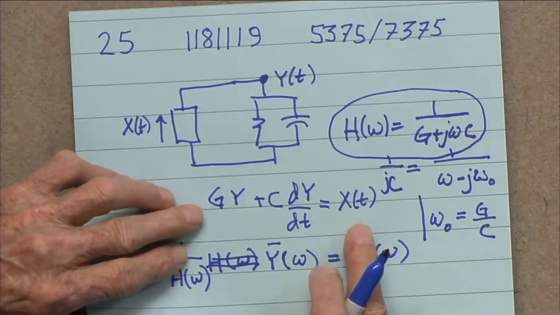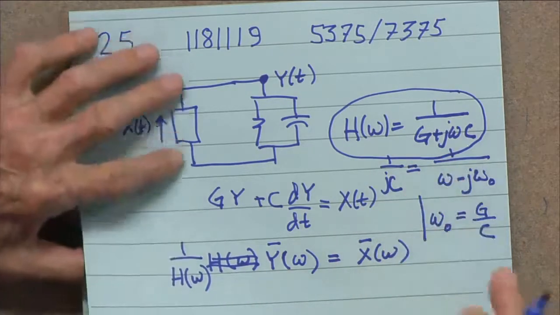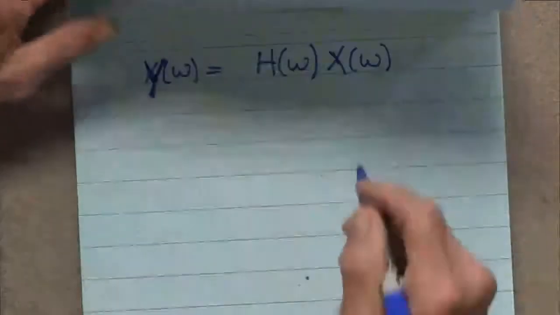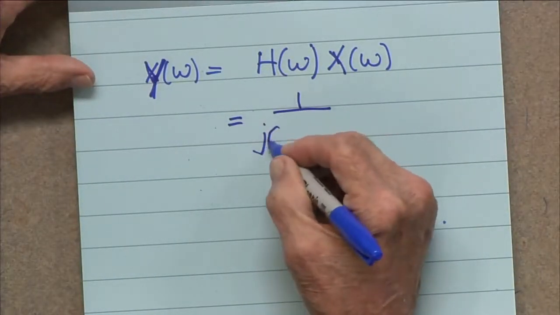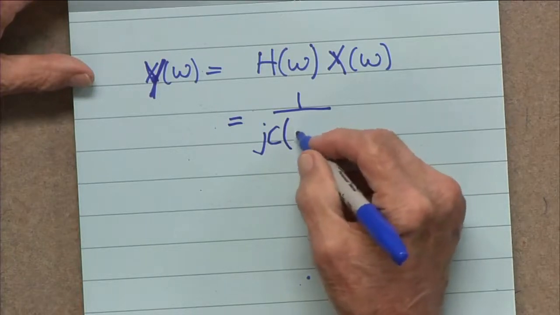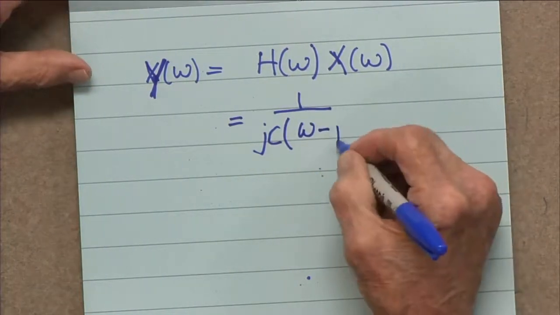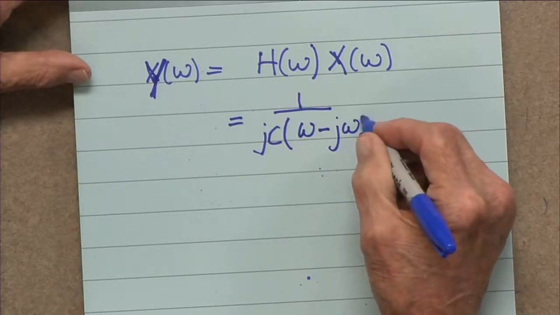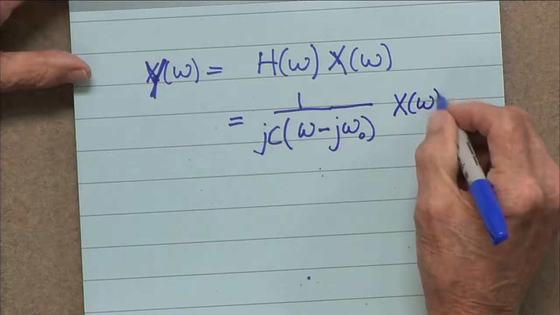And we have H of omega is 1 over j times C times omega minus j omega 0, times X of omega.